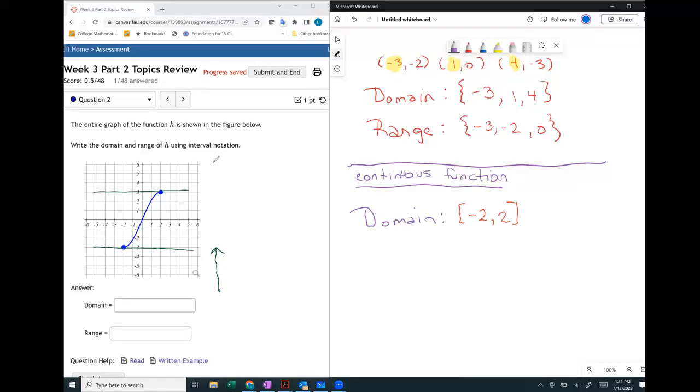That's the only Y values that I have. So my range is going to be from, and again, closed, square brackets, -3 to +3.